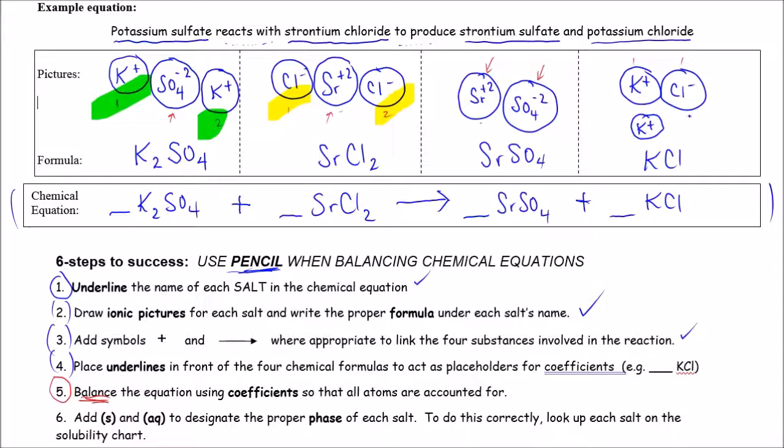This is very convenient because if I add another chloride, then I have 2 copies of KCl, 2 copies of potassium chloride, and that is written this way, 2 copies of potassium chloride. This is called a coefficient. Here's the word coefficient spelled out for you. It balances the equation.